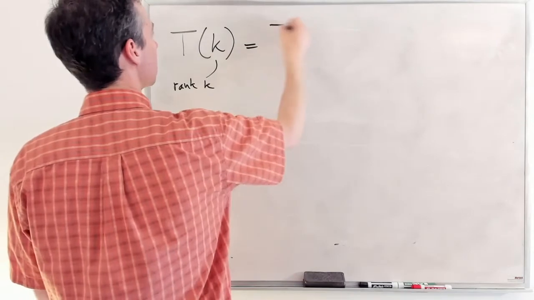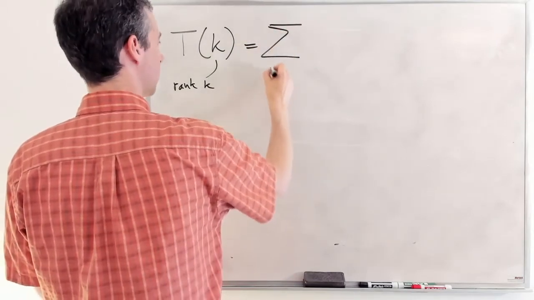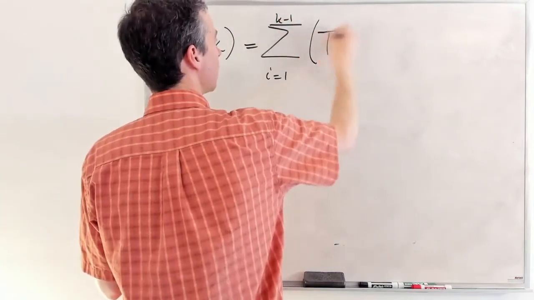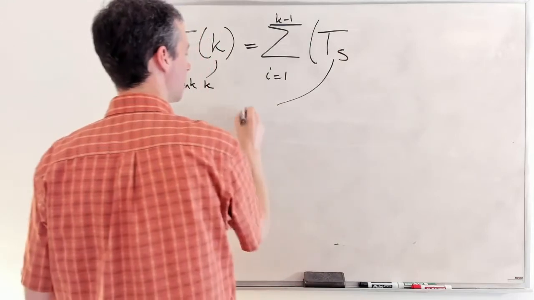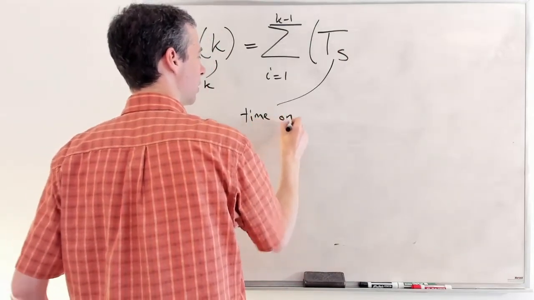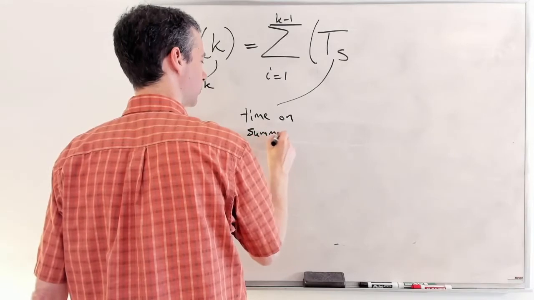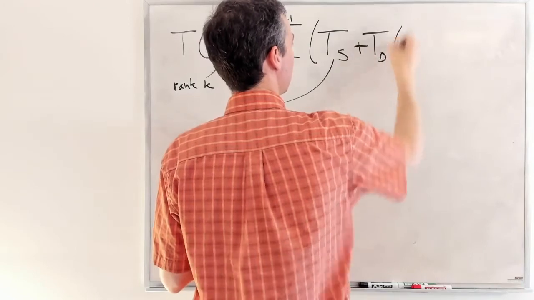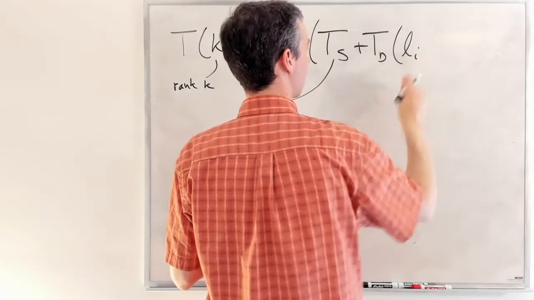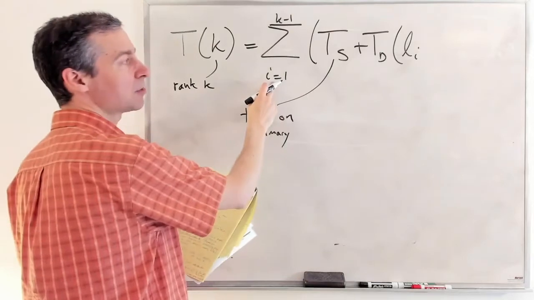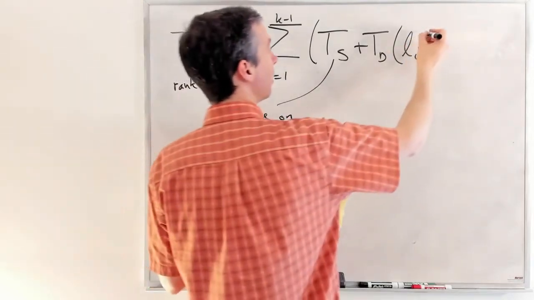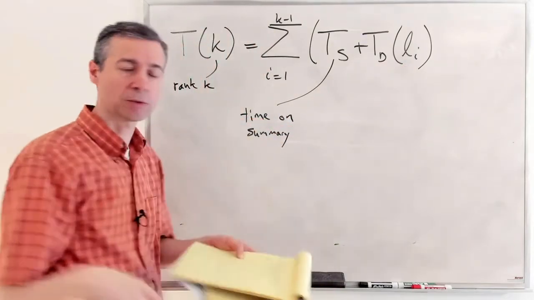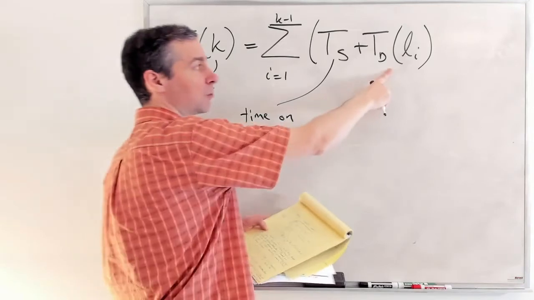This ends up being a summation from rank 1 to K minus 1 of T of S, which is our time spent on our summary, plus T of D on the length of document I. So the document that we find at rank I in that list. Again, we plug in our formula, we take that document, count how many words there are in it, and then the formula gives us our time.